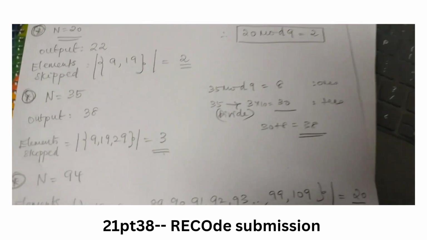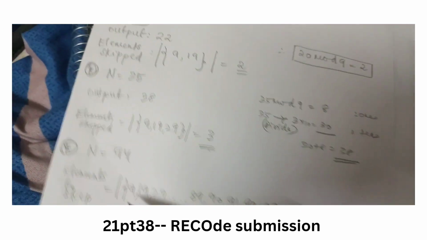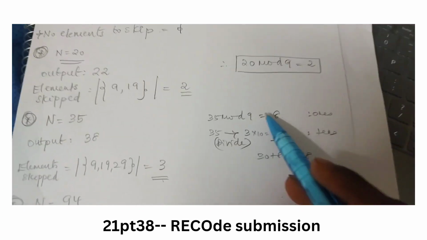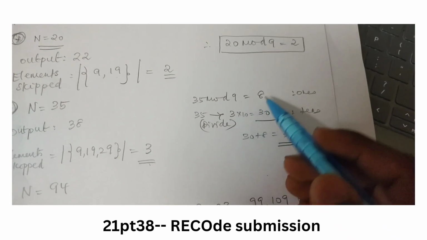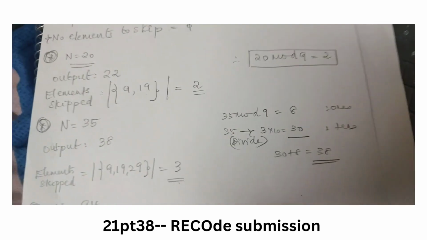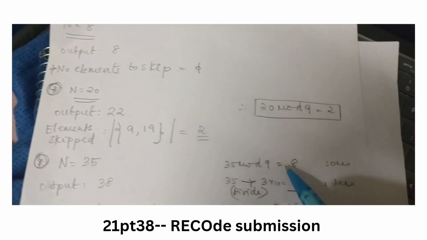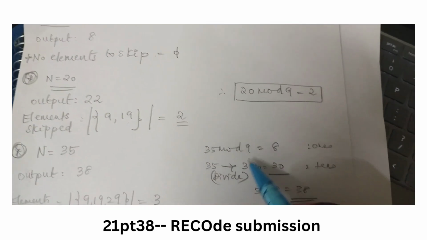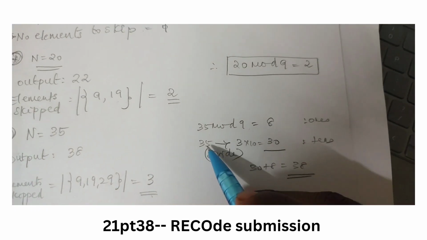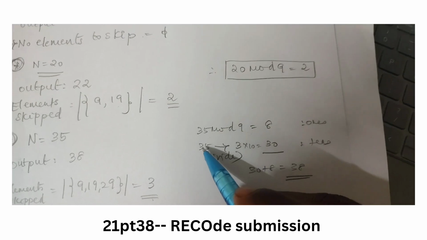For example, when n is equal to 35, 35 mod 9 is equal to 8. After using the percentage operator, I get the remainder as 8, and then I have to perform an integer division.